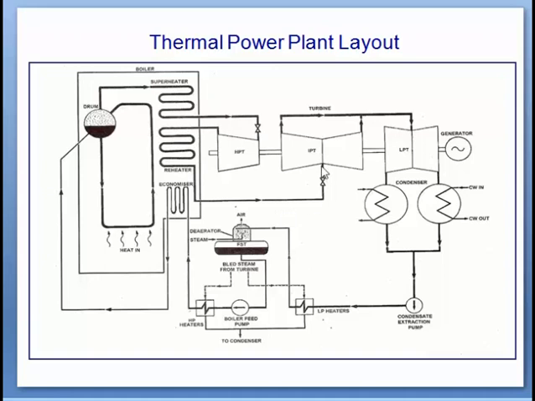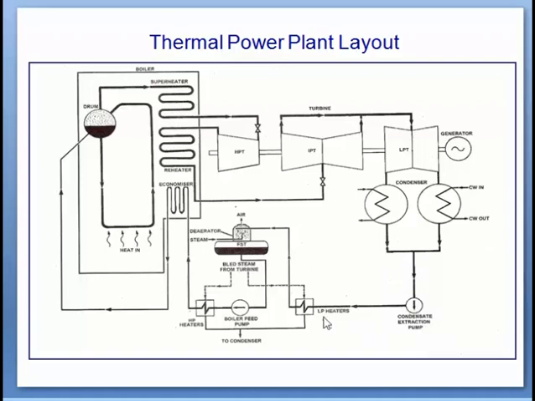It is fed to the intermediate pressure turbine, from where it directly goes to the LP turbine. After expansion in the LP turbine, that steam passes through the condenser where it gets condensed, its phase changing from vapor to liquid. Then that liquid condensate is handled by the CEP, condensate extraction pump.